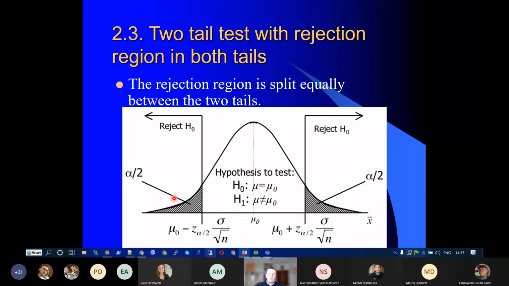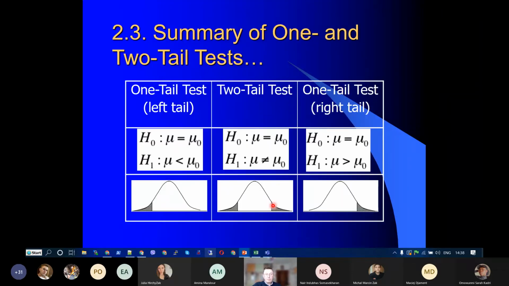In the case of a two-tailed test, we have to split the rejection area by 2 and use 2.5% on each side, and it will be only our equal or does-not-equal test: does the population mean equal our control population mean or not. And all these three cases together, with the proper statement of the alternative hypothesis for all three cases.